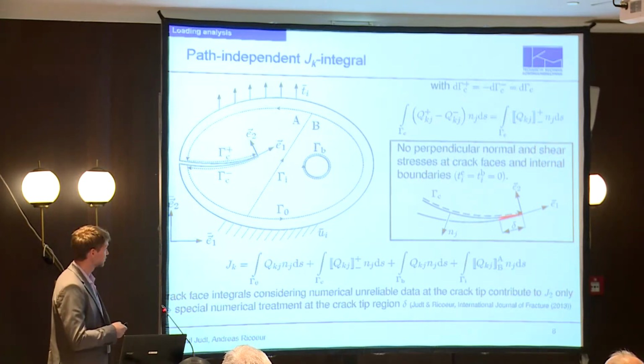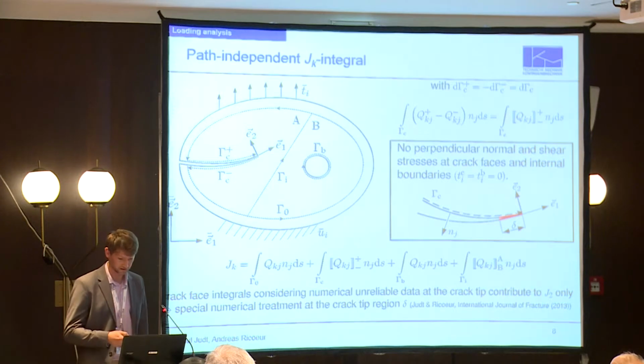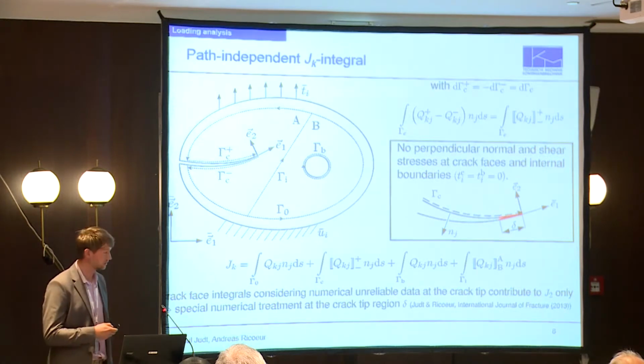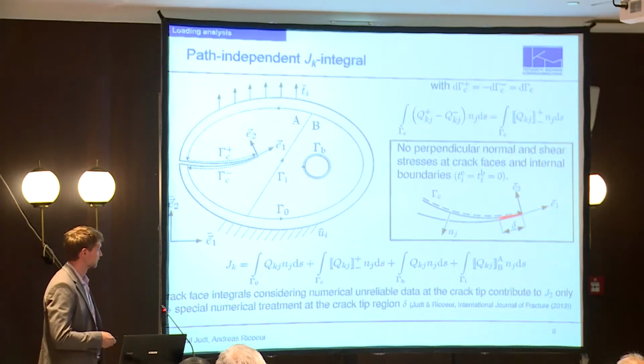Therefore, we need these additional integrals to separate the crack driving force from these other defects like interfaces, crack faces, or these internal boundaries. Furthermore, one runs into problems as soon as the integration approaches the crack tip, and we have this region delta where numerical values are inaccurate, and therefore one needs some special numerical treatment to accurately calculate, especially the second coordinate of the J vector.